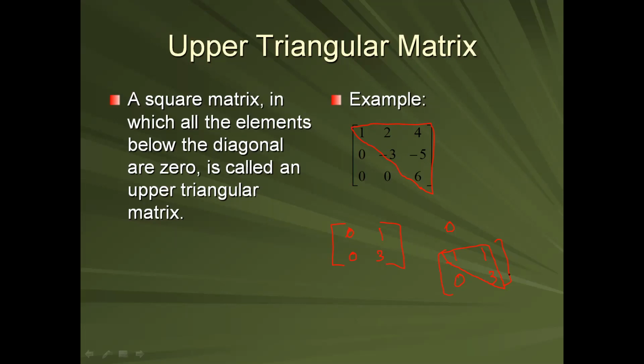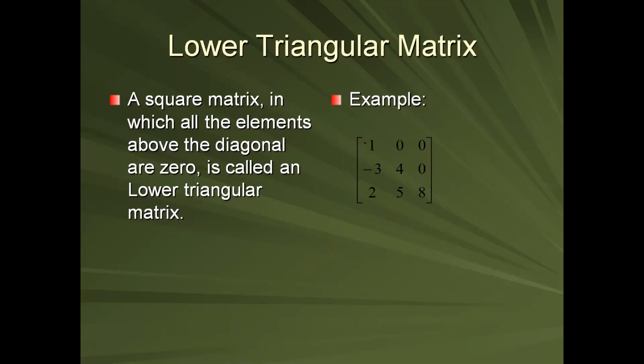No, I'm asking you the definition. If I want to write this definition the same way as this, what will be the change? A square matrix in which all elements above the diagonal are 0 is called a lower triangular matrix. Yes. So instead of below, if you write above, it becomes lower triangular.